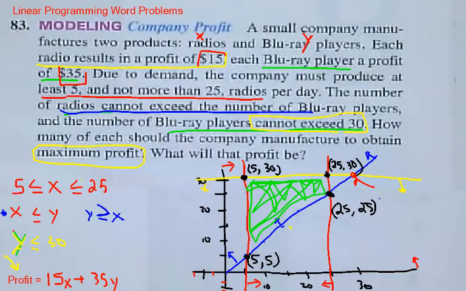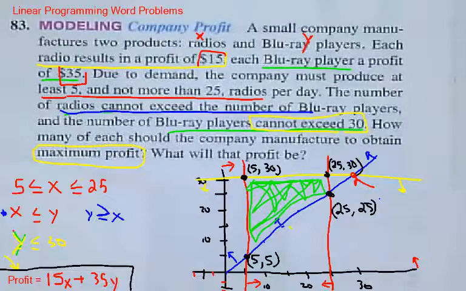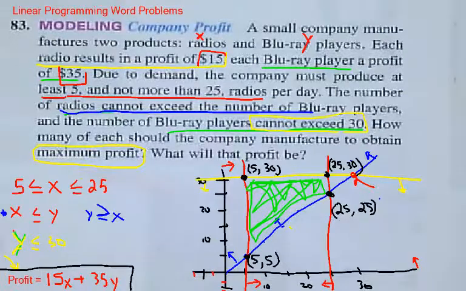Yay! Now, what's our profit? Well, here's our profit. We got the profit right here. So, I need to put each corner in there and see which one gives me the biggest profit. I want the most money. I want my factory to make the most money.